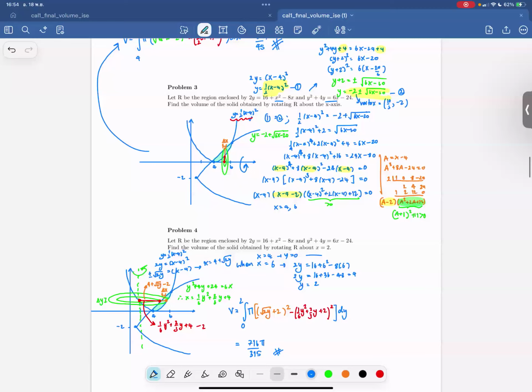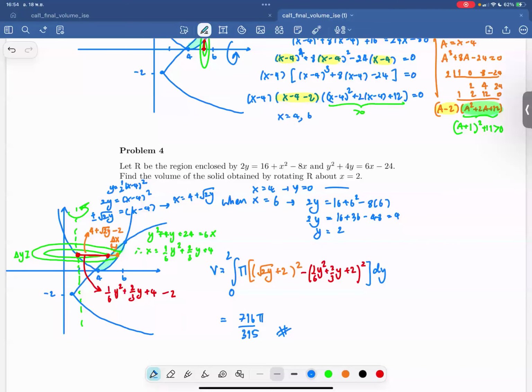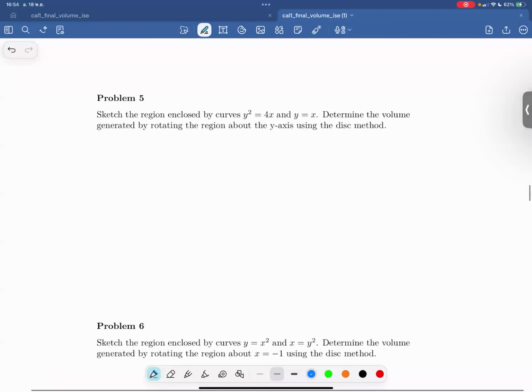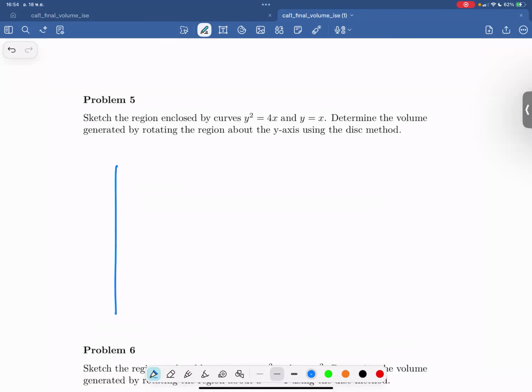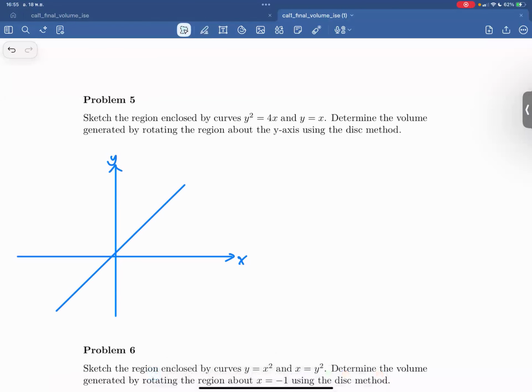I guess your function on the Excel might be simple, only one parabola and one linear, or two linear, something like that. So the problem 5, the area again. We have to get the area. y equal to x is a linear with the slope 1 and intersects the origin.